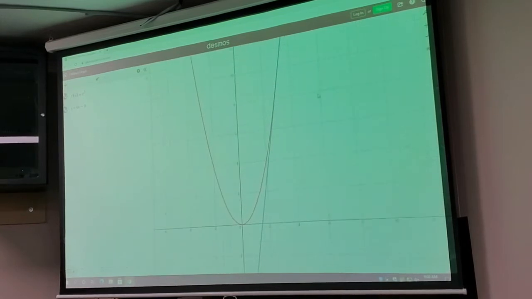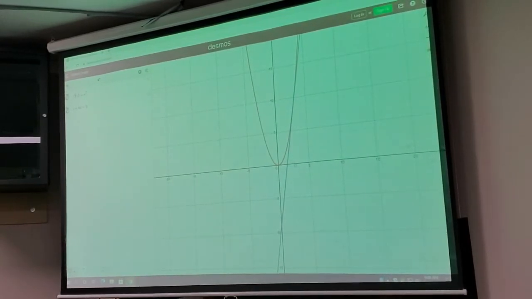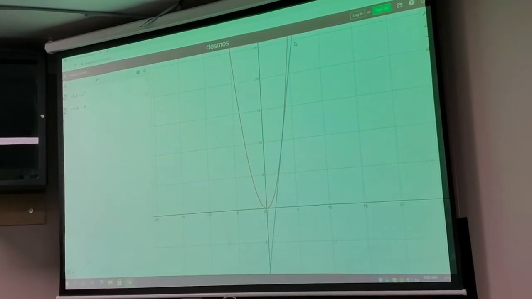Does that look like it does what it's supposed to do? Here's 1, 2, 3. So it hits the parabola at 3 and it follows it right there. And of course, why does it kind of come away from it up here? Because the slope of the parabola keeps increasing, right?